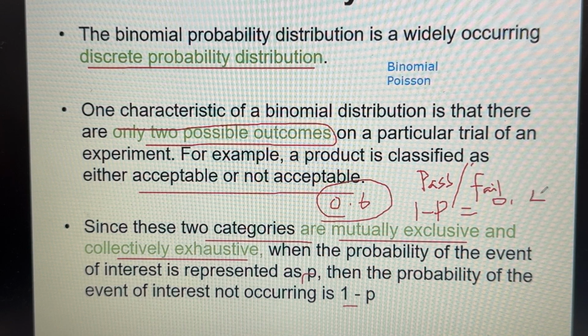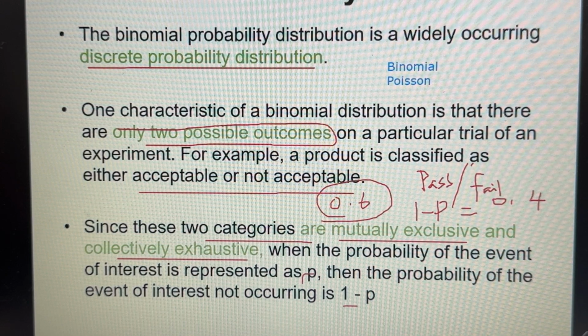That's why these two categories are mutually exclusive. You cannot pass and fail the exam, or a product can't be both good and damaged. Either it is good or damaged. Then why collectively exhaustive?